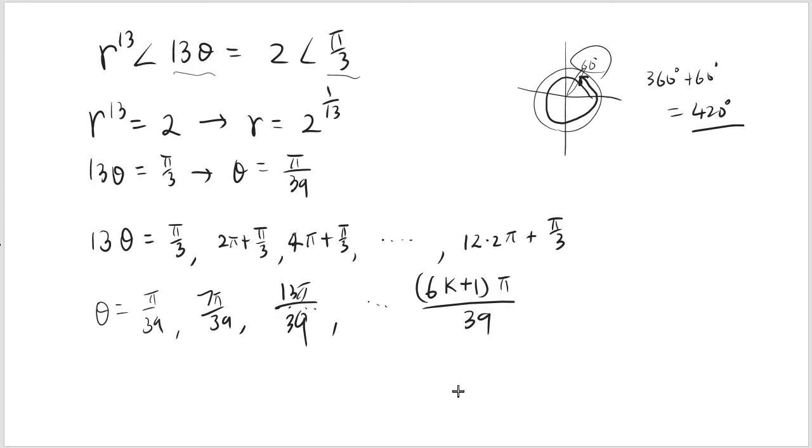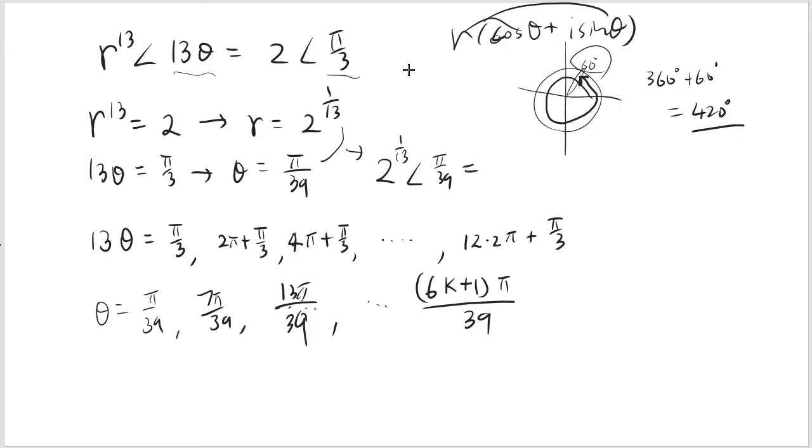That's what we have. Now, one way to figure out which one has the second smallest would be to actually compute all these one by one. For example, if you want to know what number this is, you have to use the following identity. 2 to the 1 over 13, angle pi over 39, should equal this formula, r cosine theta plus i sine theta.